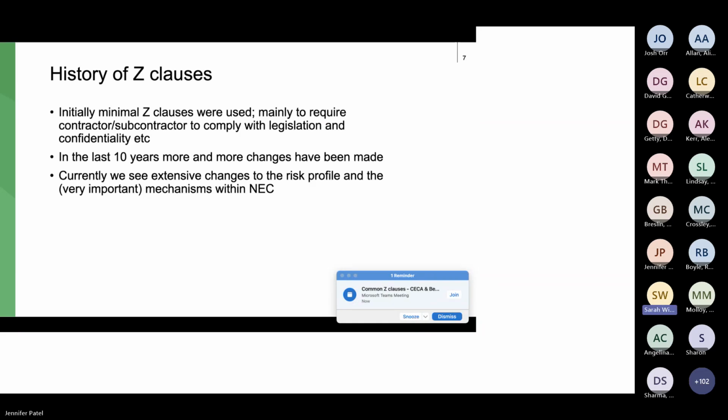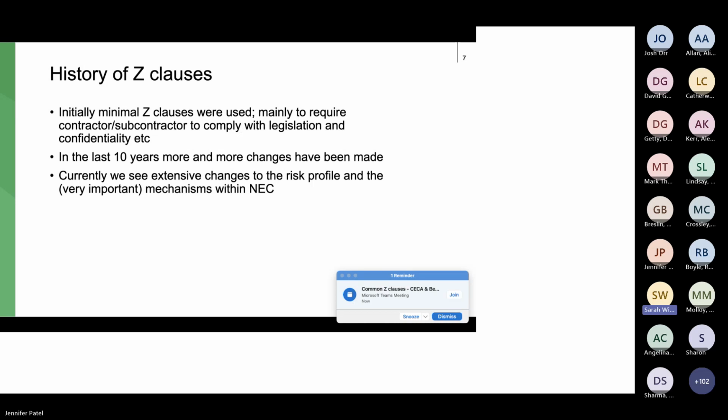So yeah, initially in the 1990s when NEC came out, there were basically no amendments, no Z clauses. Then we went through a period where there were Z clauses, but they were genuine additional clauses. And the typical ones you would see would be things like the contractor agreeing to comply with the anti-bribery and corruption legislation that we have.